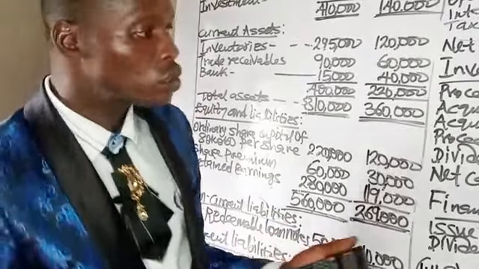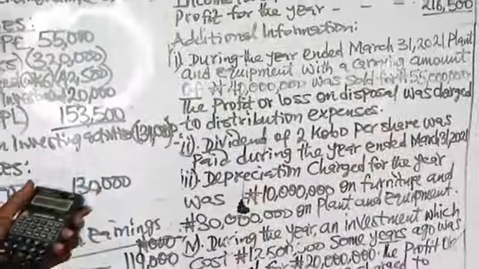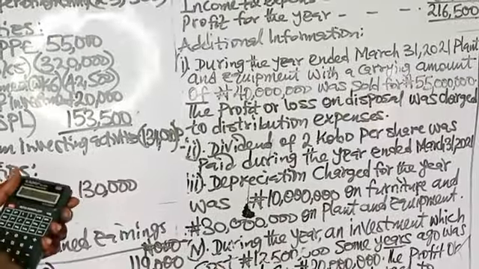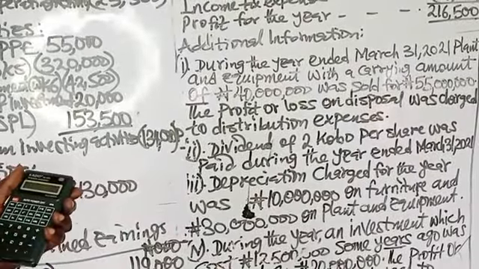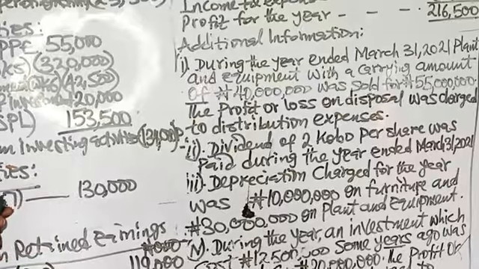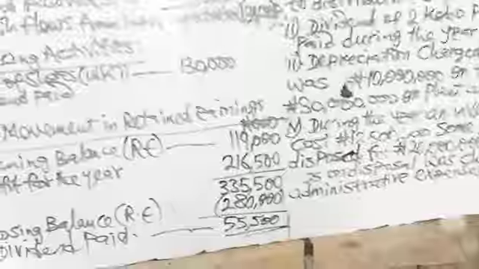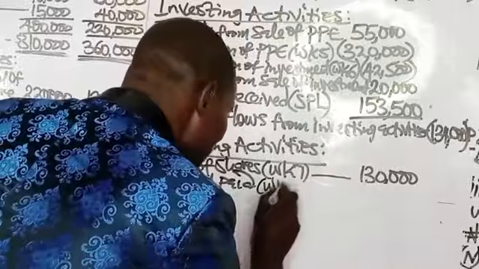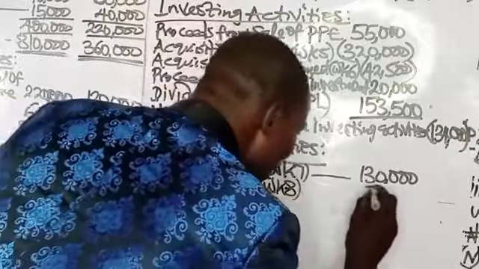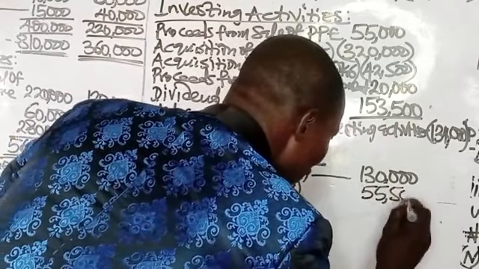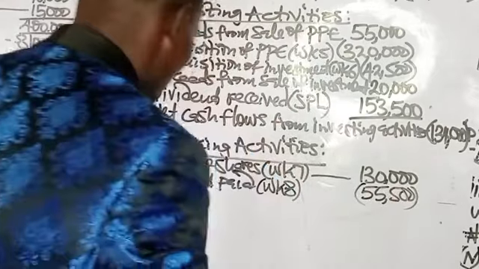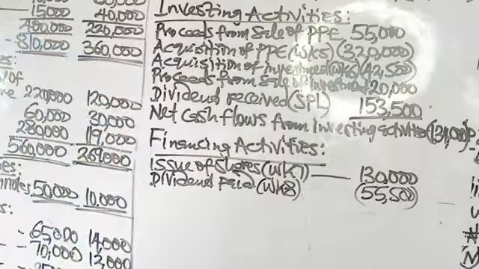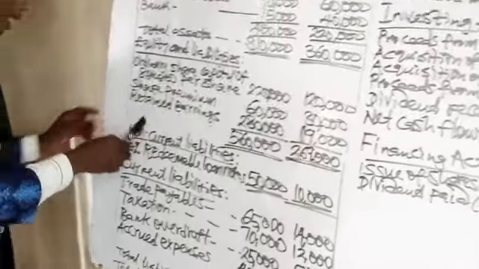If you go back to note 2, a dividend of 2 kobo per share was paid during the year. So if you calculate 0.02 of that, you're left with 55.5 million. So that agrees with what was obtained here. Working 8, we have 55,500 negative. Then we've done with the equity.